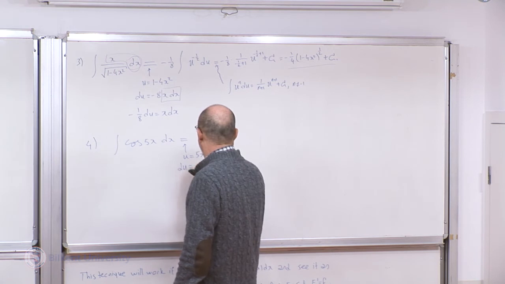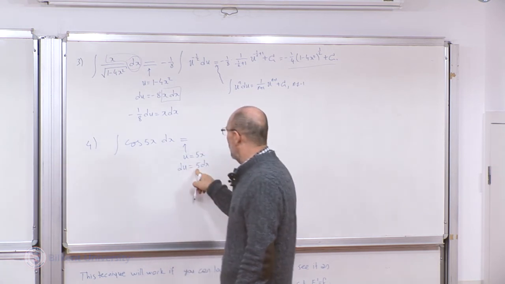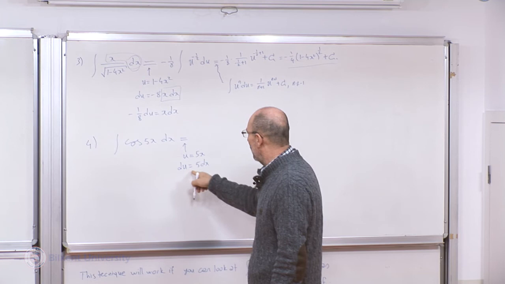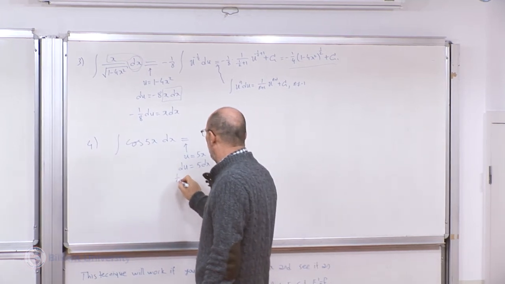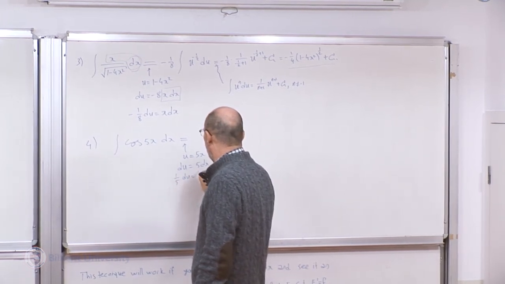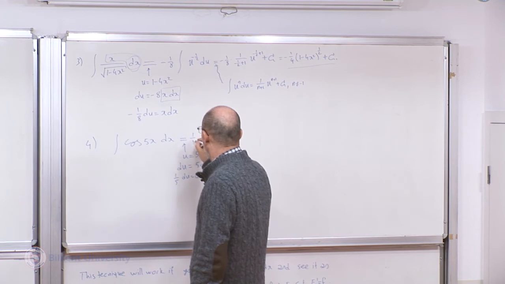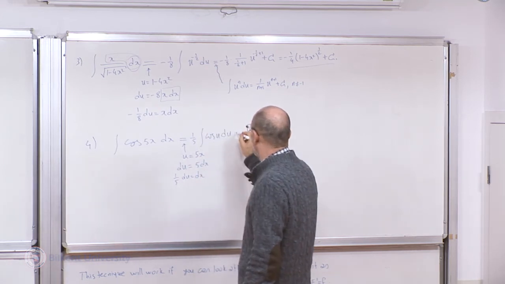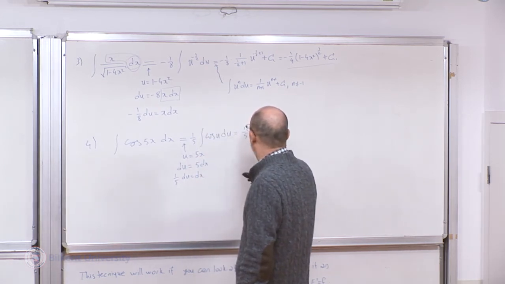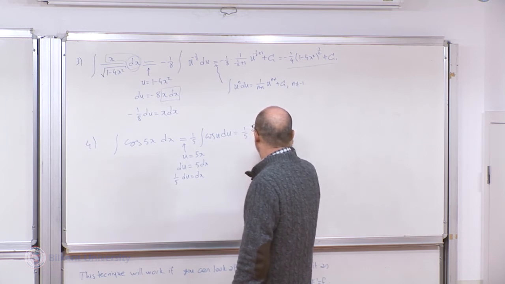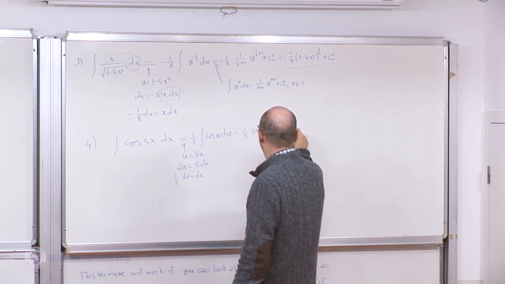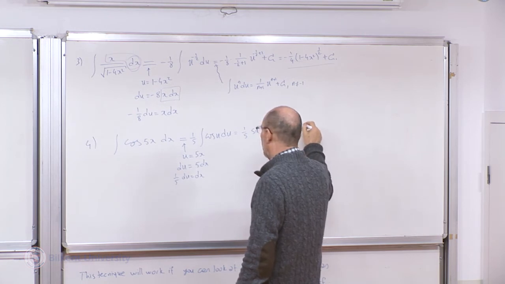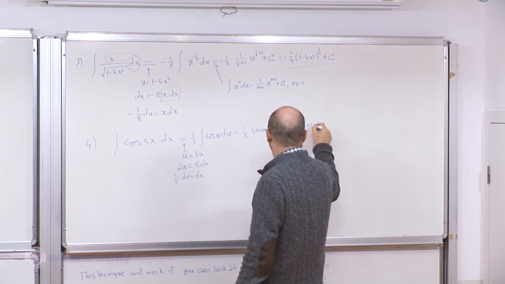du is 5 dx, and I just don't have 5 here, so dx is equal to 1 over 5 du. So we have 1 over 5 cosine u du. Now I have 1 over 5 sine u plus c, which is 1 over 5 sine 5x plus c.